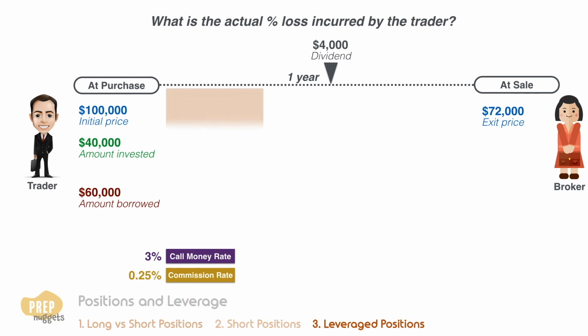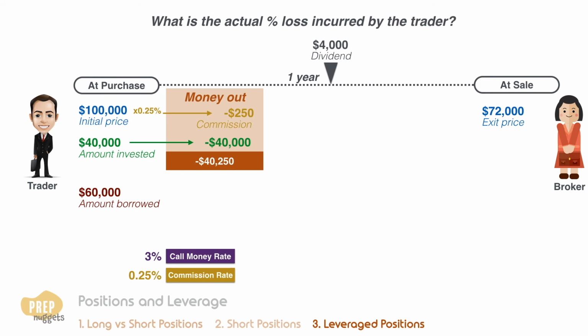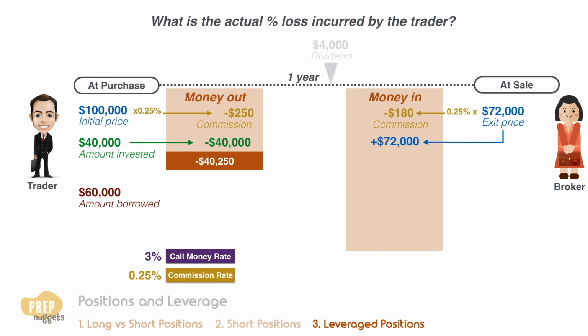Let's first calculate the amount of money the trader paid out to initiate the position. The commission paid to purchase the security was $250. Add this to the $40,000 the trader placed as margin, and the total amount paid out was $40,250. And 1 year later, when the security was sold, $180 commission was paid for the sale. $72,000 cash was received from the sale, and we also add in the $4,000 dividend received.